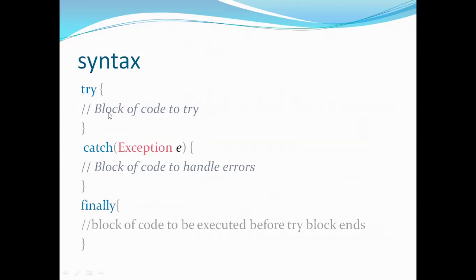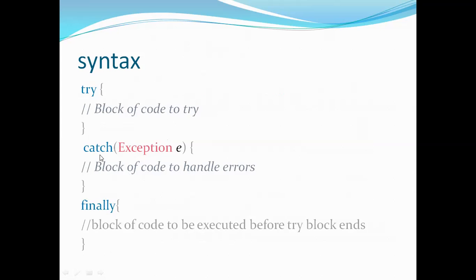If the exception is raised here, that is handled by the catch block. Now imagine that the exception is not raised or it is not handled. Then finally is a block of code which will be executed whether the exception is handled or not. So in either case, the finally block code will be executed.